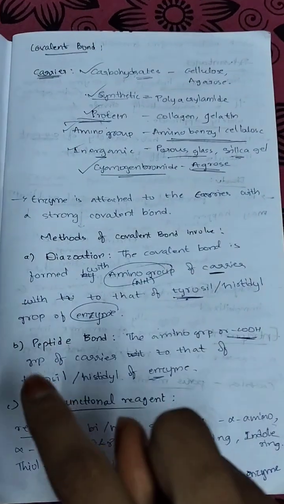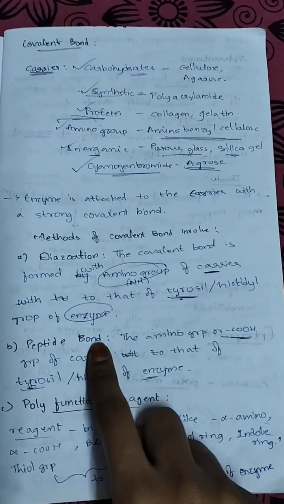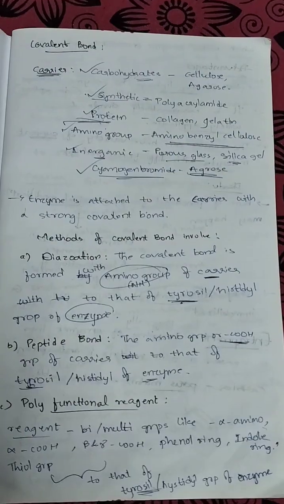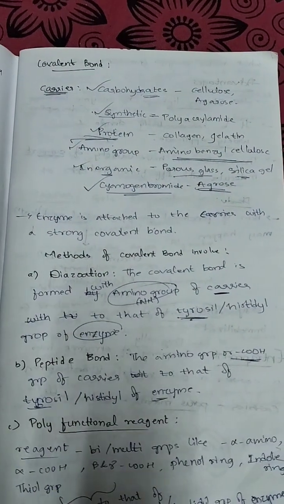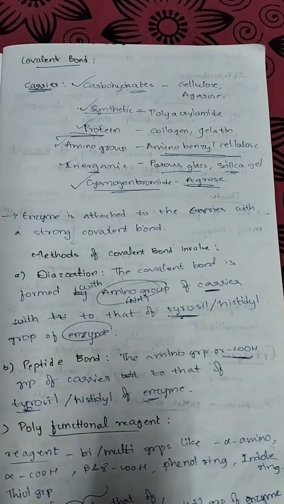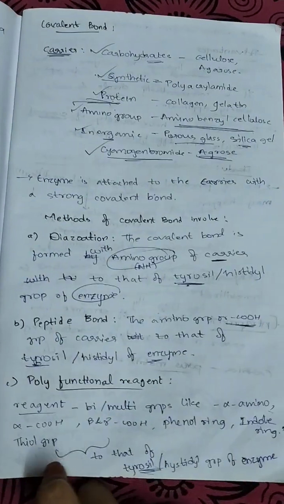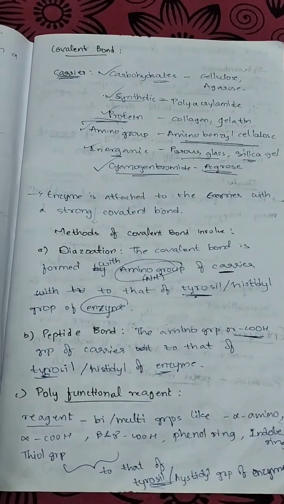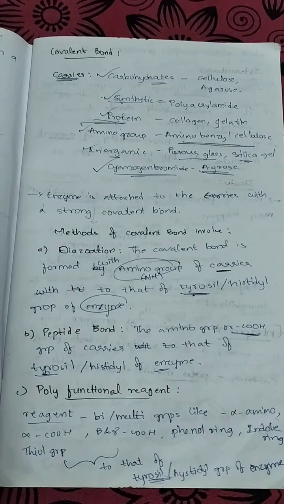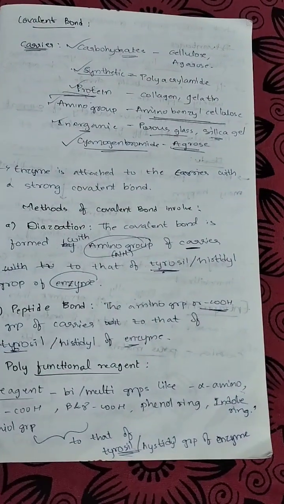In peptide bond, the amino group or COOH group is bound with the tyrosyl group of the enzyme. And in the polyfunctional reagent, many functional groups are present, like alpha amino, alpha COOH, beta gamma COOH, and phenol ring.